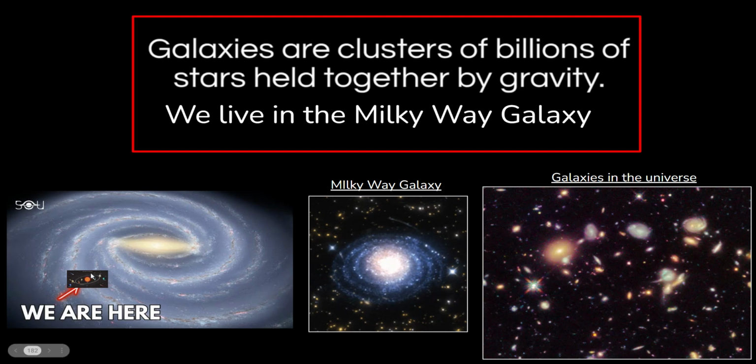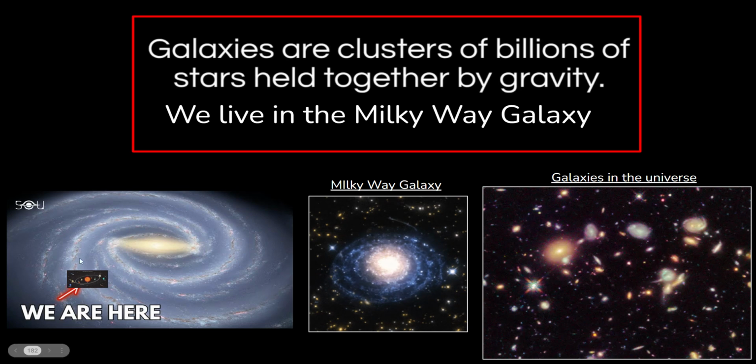So, yes, this is our solar system with one star, the sun, but there's billions of other stars in our galaxy called the Milky Way galaxy, and all these stars are held together by gravity right here. And there's many other clusters of billions of stars out there in the universe that kind of look like this. And our Milky Way galaxy is just one of the galaxies out of the billions of galaxies out there.